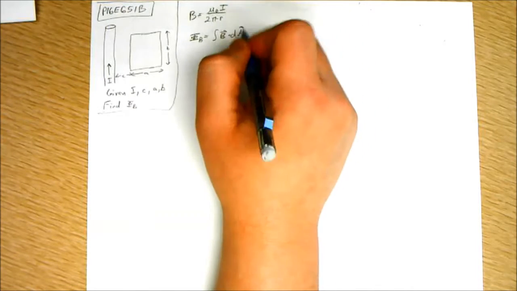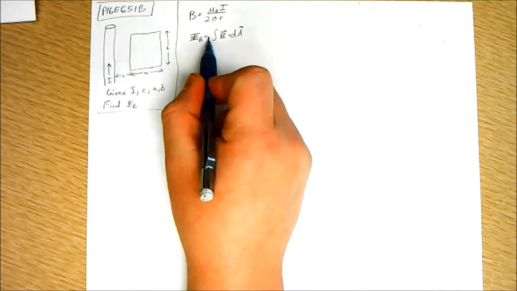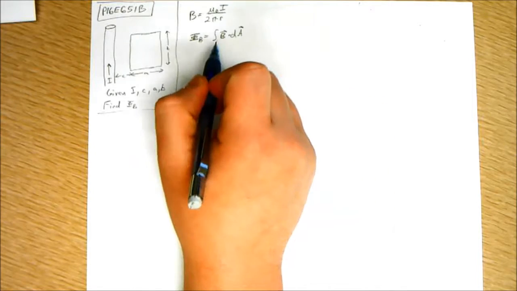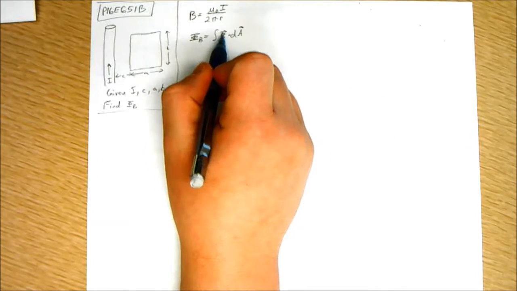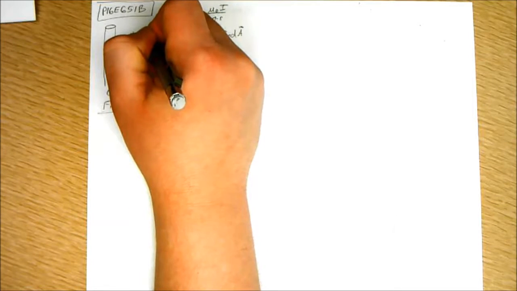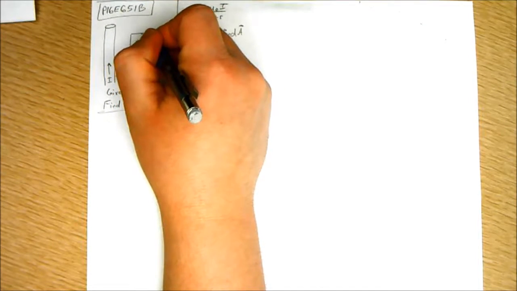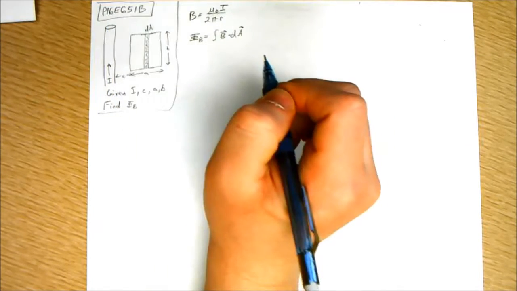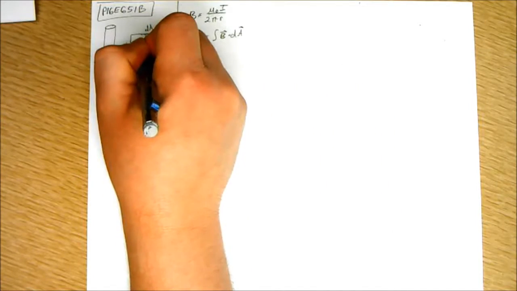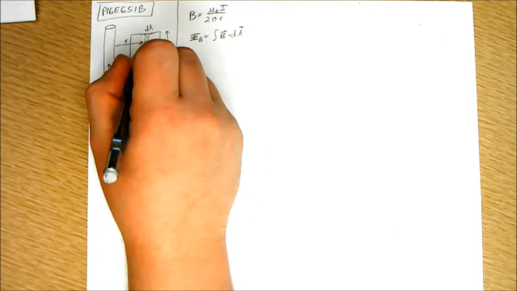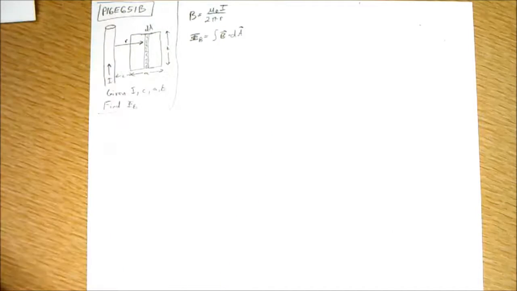Usually with these problems we then pull B outside of the integral and we proceed, but like I said, we can't do that because B depends on the position r. So what we're going to have to do is take some little slice of this loop. It's going to have some area. We'll call this dA, and it's a distance r away from the wire.